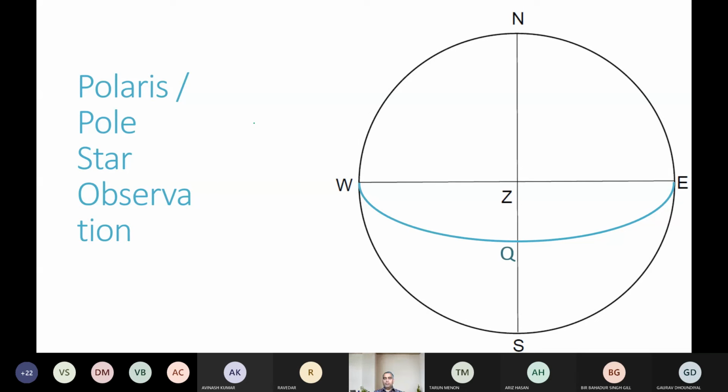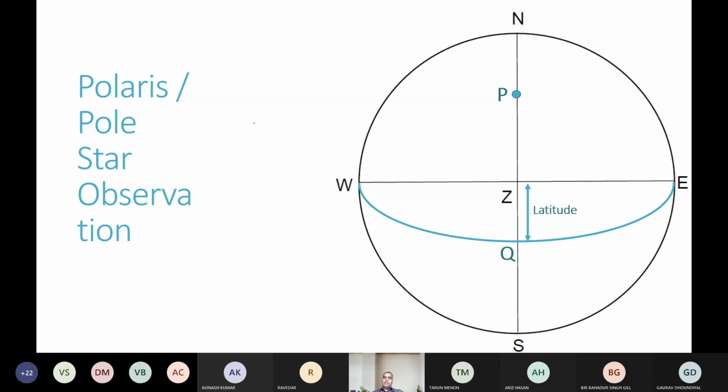And this is point Q, where it cuts the observer's meridian. The pole will be on the other side of the equinoctial. Now, ZQ in this diagram represents the latitude of the observer. The pole is on the other side. The pole is north of the observer, and it is represented by P. This is where the pole is.